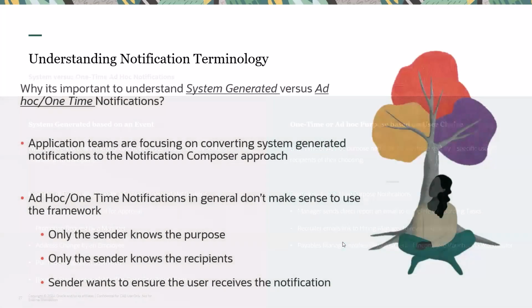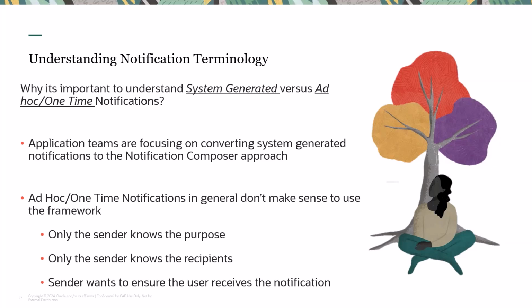Now, you may be asking, why are we making such a big deal about this? The important thing is that the application teams are focused on converting system-generated notifications to the Notification Composer approach. That's what we're starting with. And we can't always convert the others, because the user is determining who the recipient is.